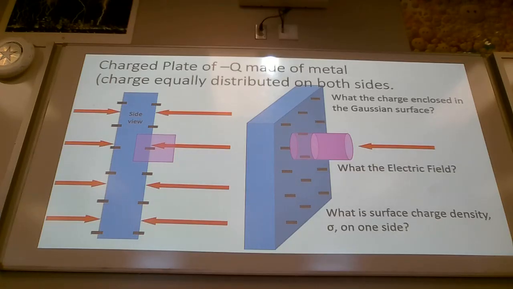I'll give you a hint that you need to consider that the charge is distributed on this side and this side. All of the charge is distributed on this side and this side. I'm not really worried about that part, just the two sides.